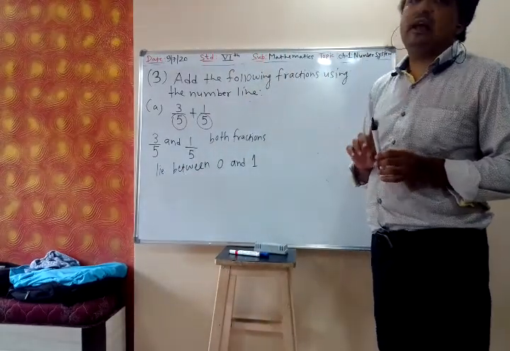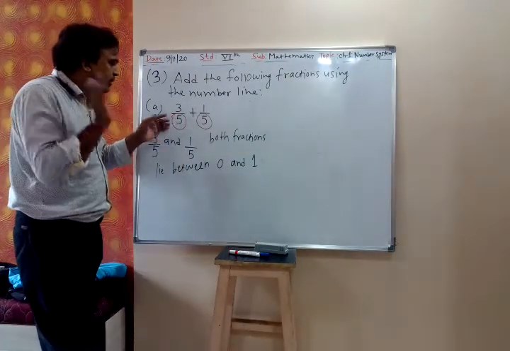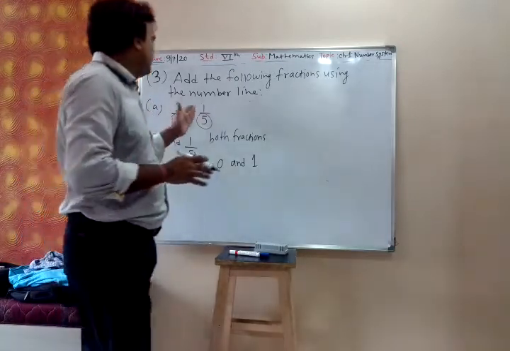See, 3 upon 5, my dear. Now the denominator is 5, bigger, so this fraction will lie between 0 and 1.